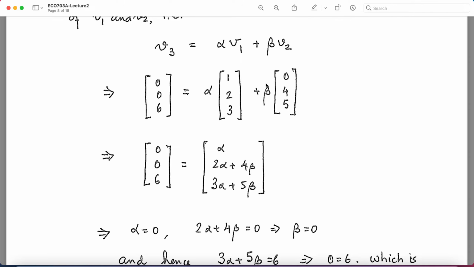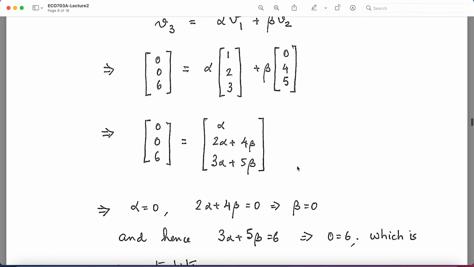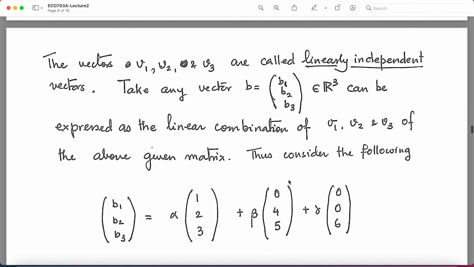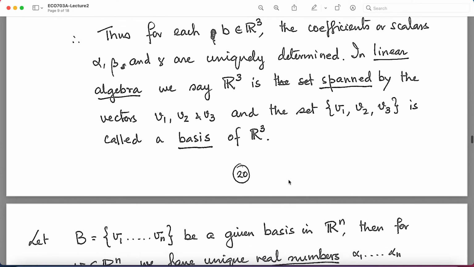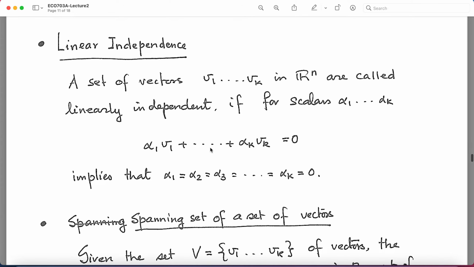So, these two do not generate the whole space R3. For generating R3 I need 3 linearly independent vectors, but these two themselves are linearly independent. So, linear independence actually means this, that none of the vectors can be written as a linear combination of the others.